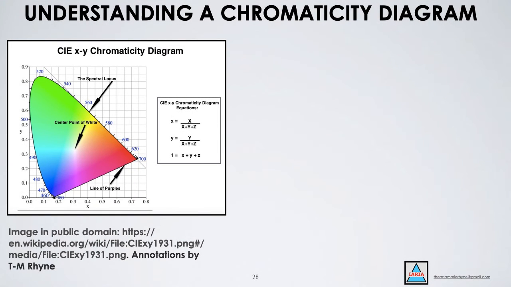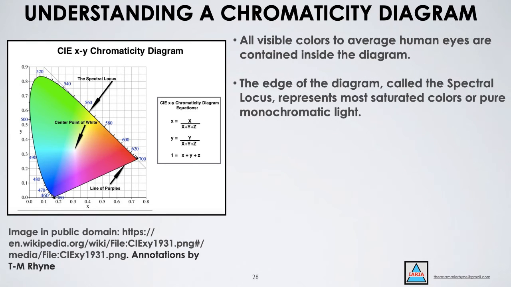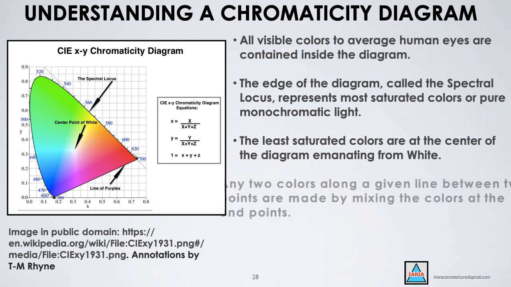So this is the chromaticity diagram I was telling you about earlier. All visible colors for the human eye are in this sort of horseshoe. The edge of the diagram is called the spectral locus. The least saturated colors are at the center. There's always a region of white at the center of one of these chromaticity diagrams, and you can see we have our center of white.